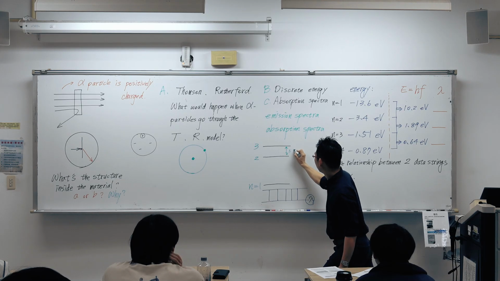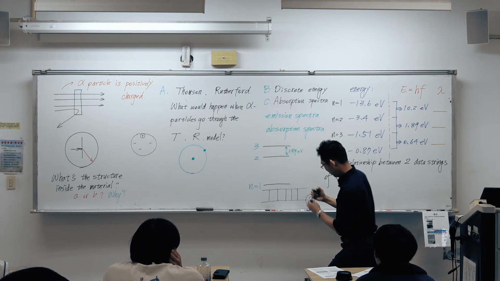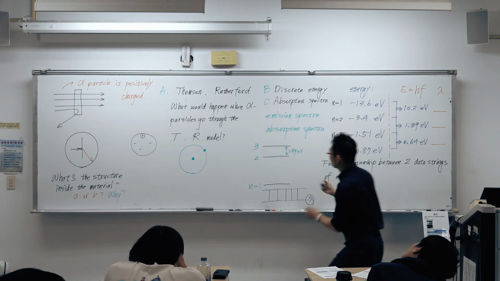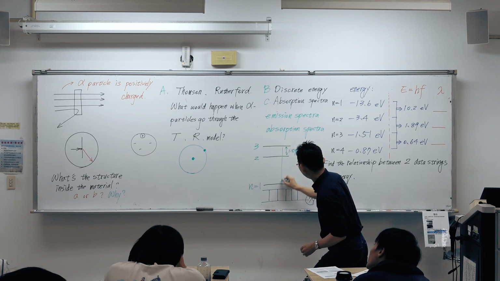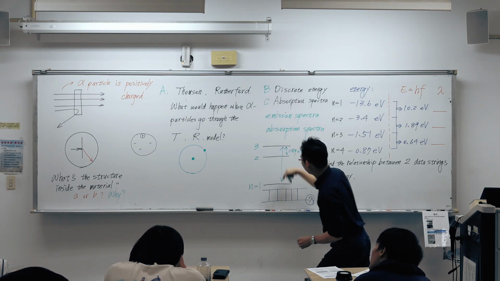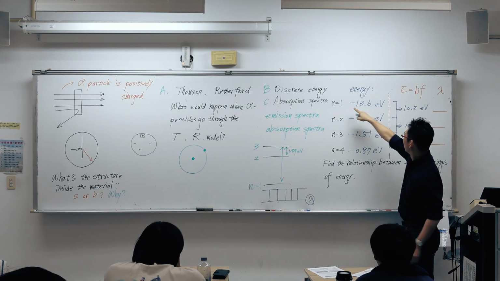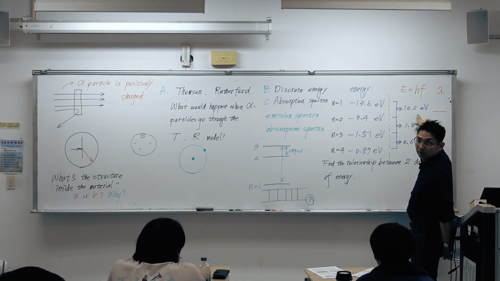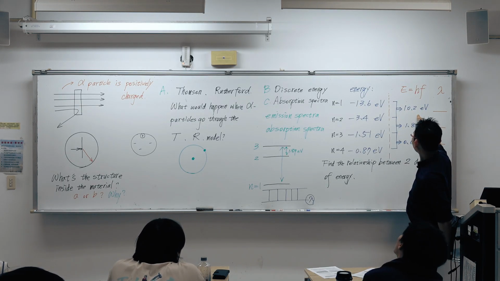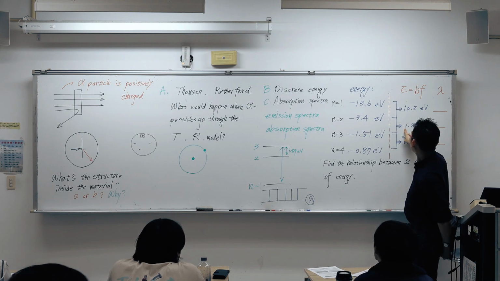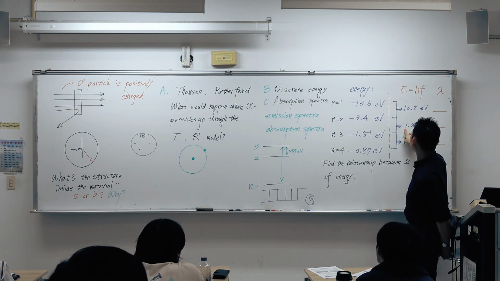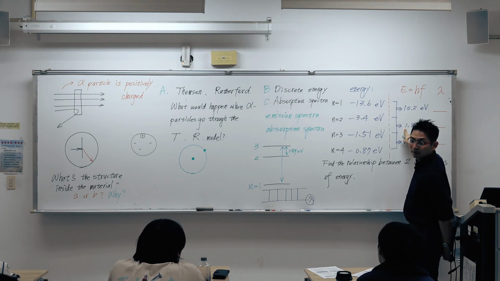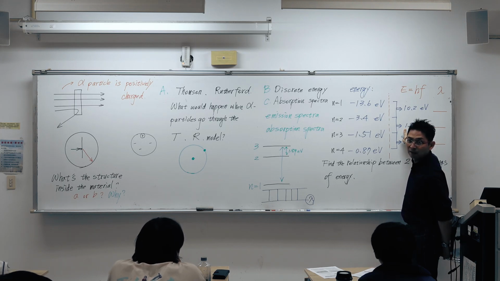And for this, 1, 2, 3, we should add those two, right? So that should be 12.19, right?